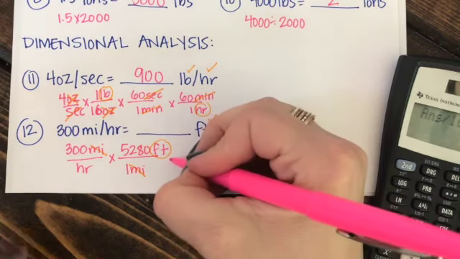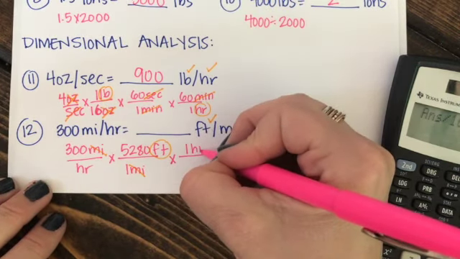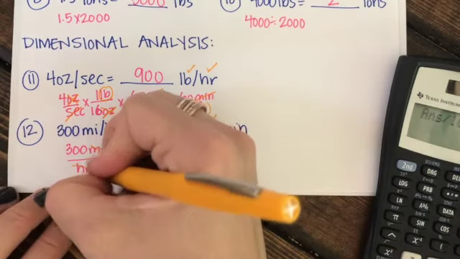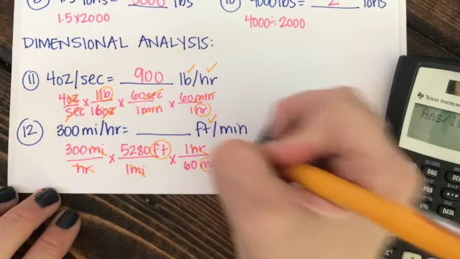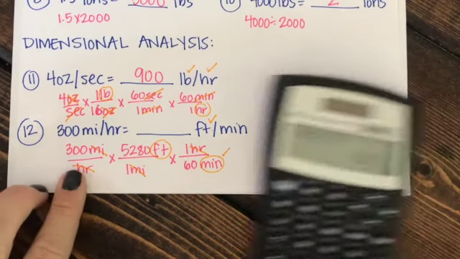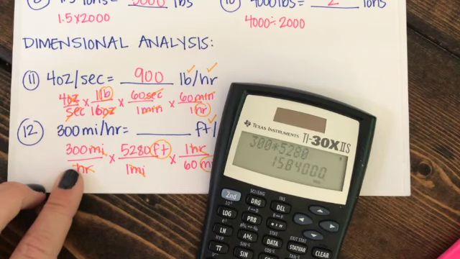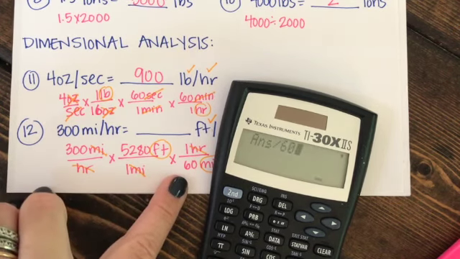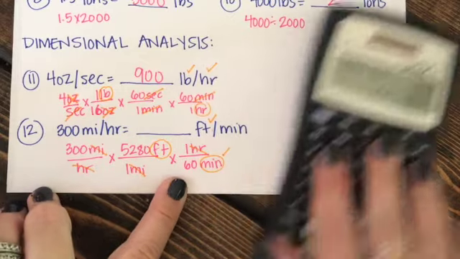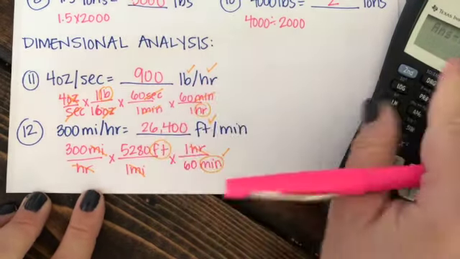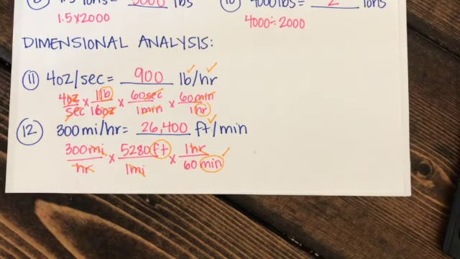And now I need to get hours into minutes. 1 hour is 60 minutes. So hours and hours cancel. I'm left with minutes on the bottom. So on the top, I have 300 times 5,280, and then I'm dividing that by 60 to get 26,400. Okay, so if every hour I'm going 300 miles, that means every minute I'm going 26,400 feet.